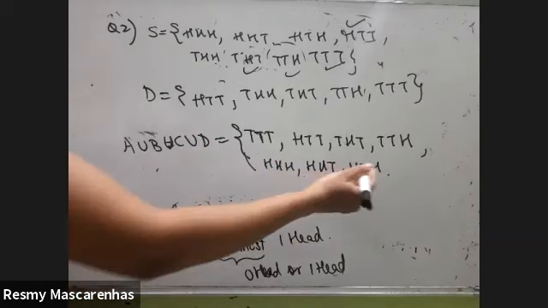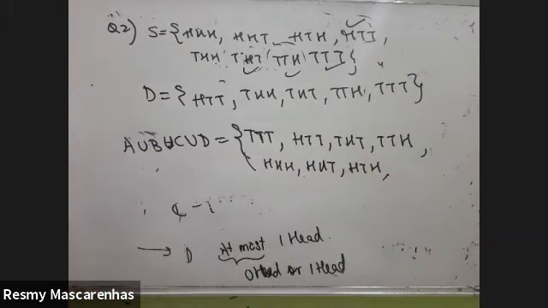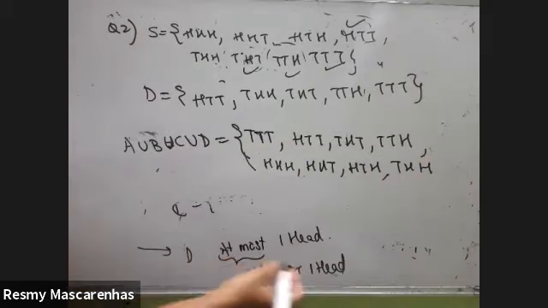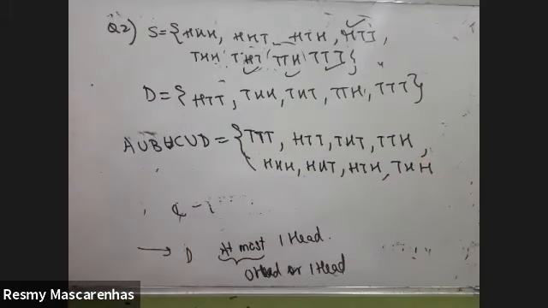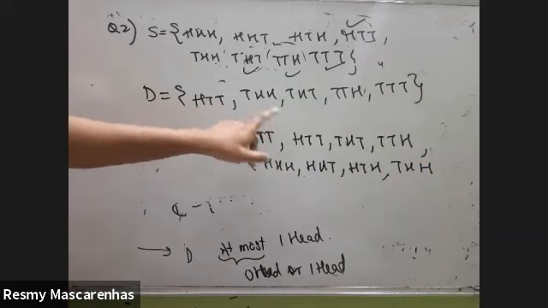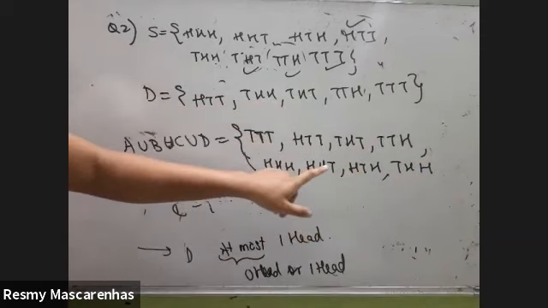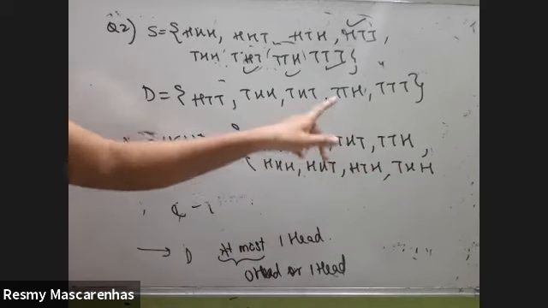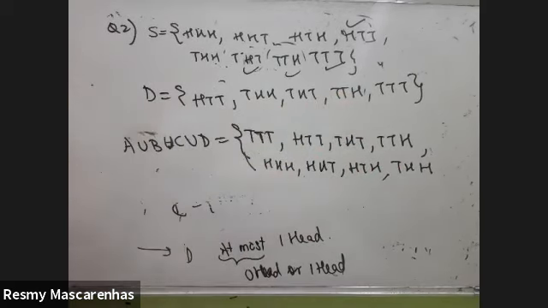So this was C and D part was here. So already this is written, HTT. THH is also written. Then THT is also written. ETH is also there.